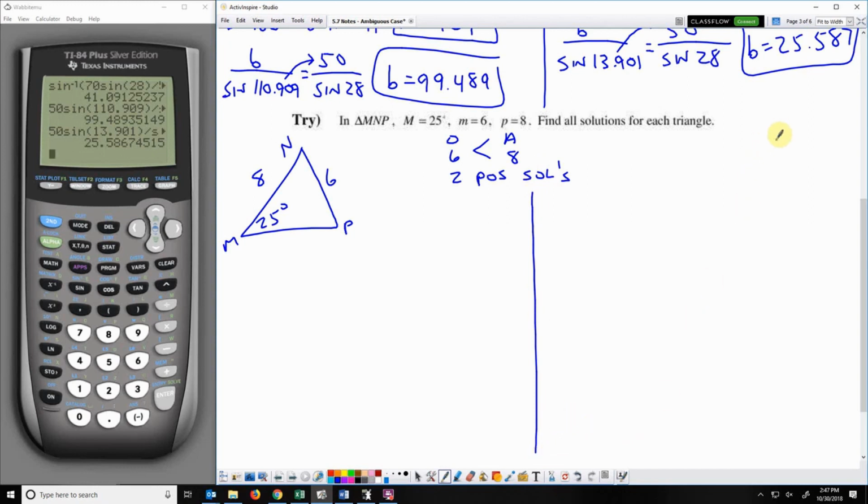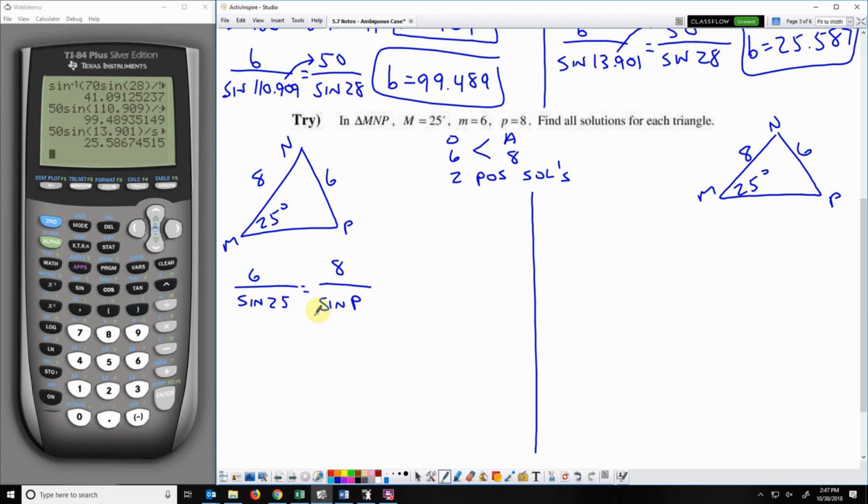So I'm going to draw a second triangle for a second solution set. And I'll begin by doing 6 over sine 25 equals 8 over sine P.